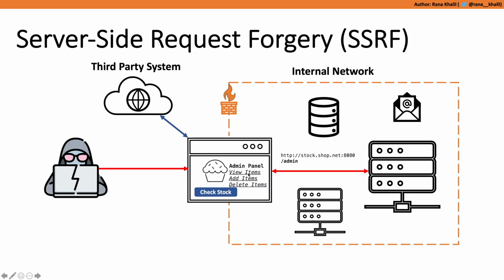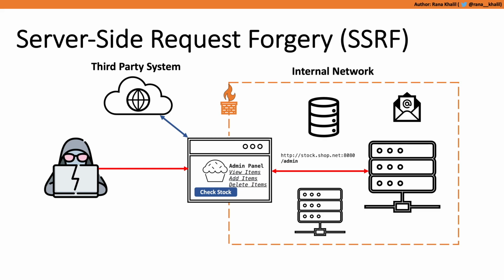However, what you could do is right-click on any of these items, view source code, and find out what the URL is for adding an item or for deleting an item, and then re-exploit the SSRF vulnerability by sending the URL that deletes an item or adds an item to the service. And again, because there's a trust relationship between this application and this service over here, the service will process the request and delete the items that were specified in the request.